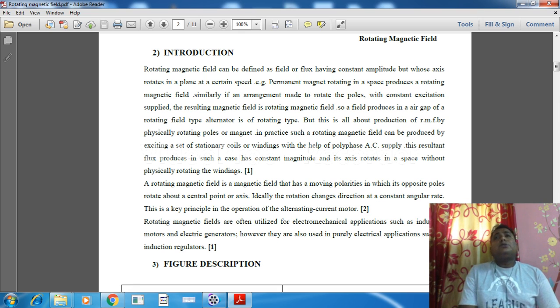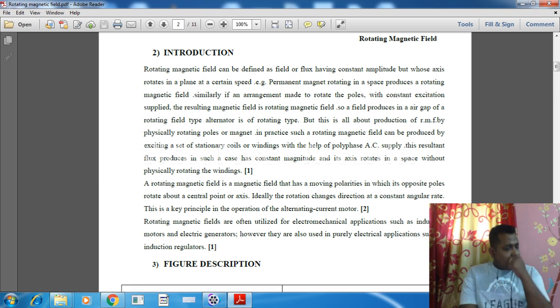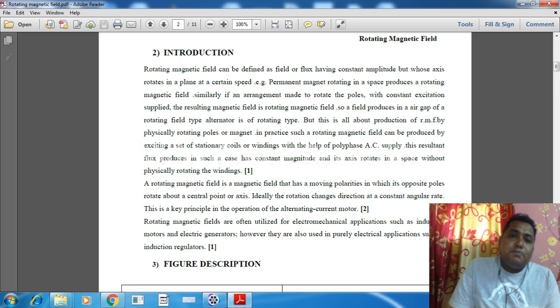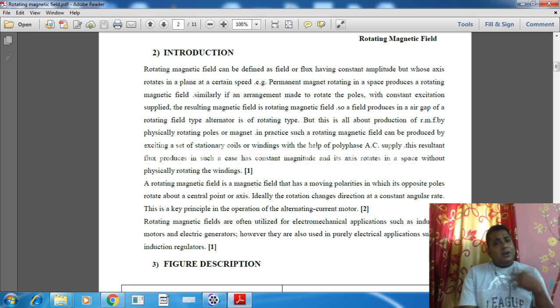The squirrel cage rotor is used for lower power range machines and for fixed speed. As it has a cage type rotor, we cannot add extra resistance to the rotor circuit, so we cannot control the speed of the squirrel cage induction motor. We have already discussed this.